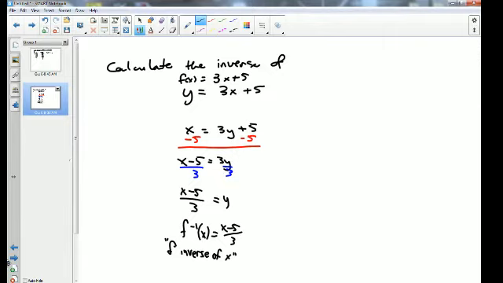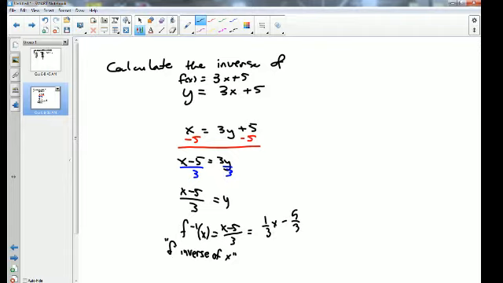Never mind. Can I rewrite this too? Yeah, to make it more slope-intercept friendly: 1/3 x minus 5/3. You put the 3 in both terms. So there's a pretty straightforward algebraic method.